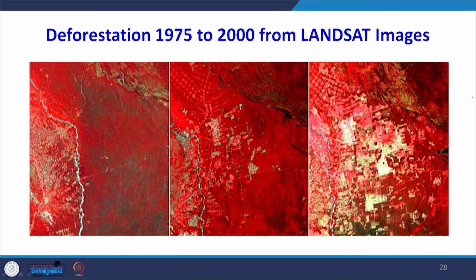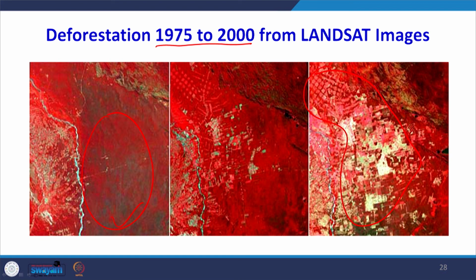This is a satellite image which has been used for studying deforestation from 1975 to 2000. This is the 1975 image and this is the 2000 image. In 1975 we can see this area has a very dense green forest; that is why the pink and reddish color is shown. But if you look at the entire region now, deforestation has taken place and it is all urban area.